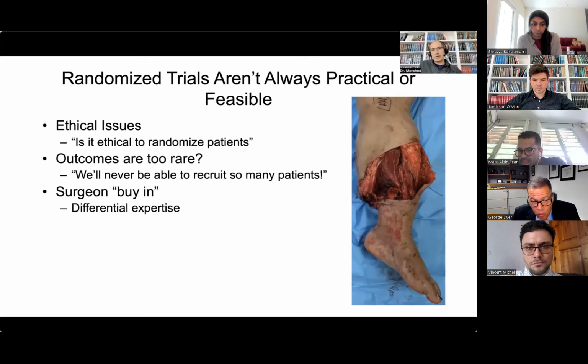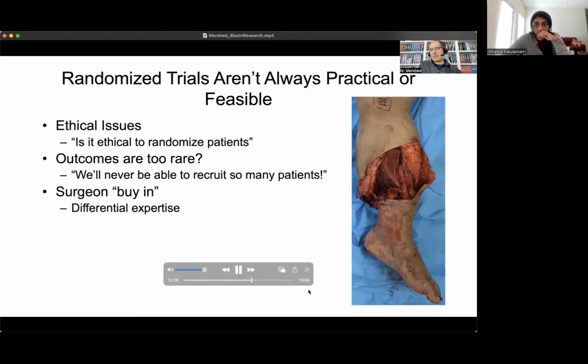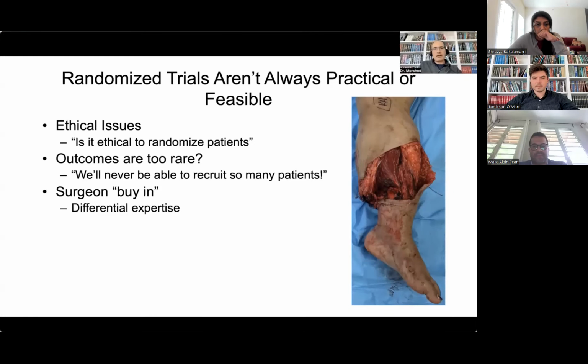Infections are, hopefully, a rare enough outcome, but sometimes powering a study prospectively to detect differences in infection rates by treatment just may not be feasible. And so you have to look at another, more efficient study strategy. You may not have surgeon buy-in. There may be differential expertise in one or another treatment.